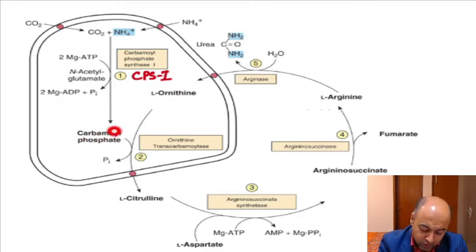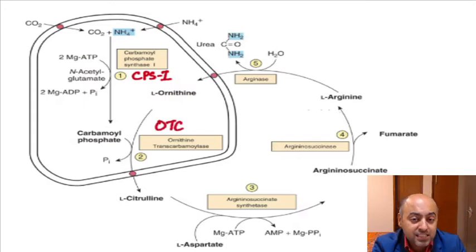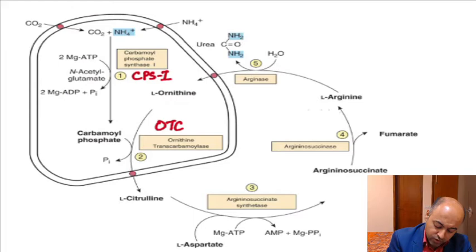To this carbamoyl phosphate, ornithine will come and get attached under the influence of the enzyme ornithine transcarbamylase, written as OTC, resulting in formation of citrulline.